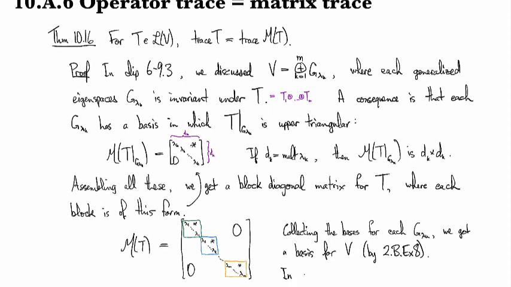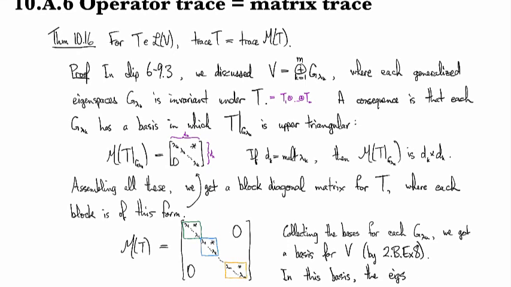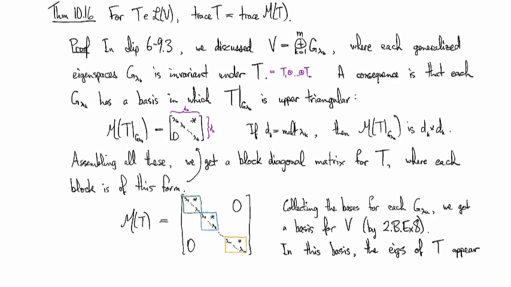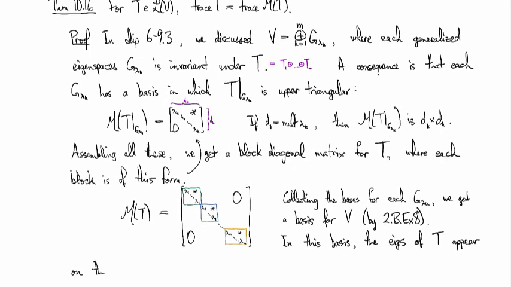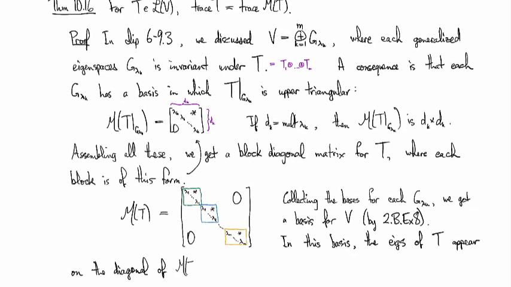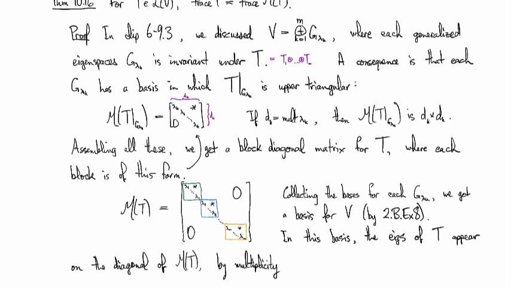And then in this basis, notice that in the completed matrix of T here, the eigenvalues of T appear on the diagonals of the blocks, but since the blocks are on the diagonal of the entire thing as well, they appear on the diagonal, and they appear by multiplicity, because the size of the block is exactly the multiplicity of the eigenvalue.